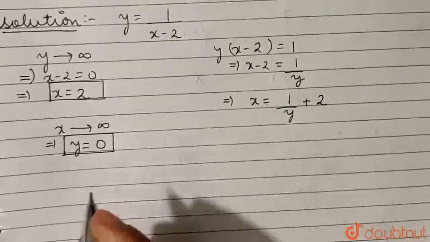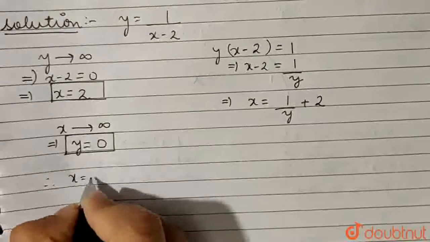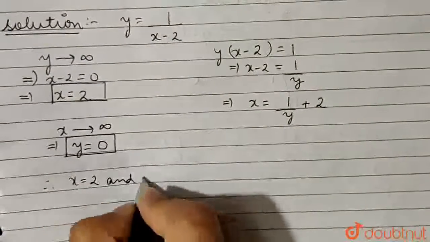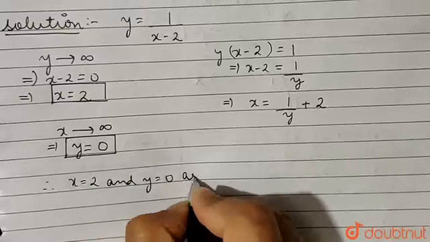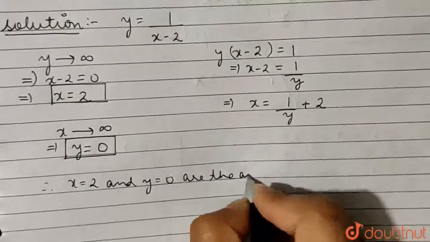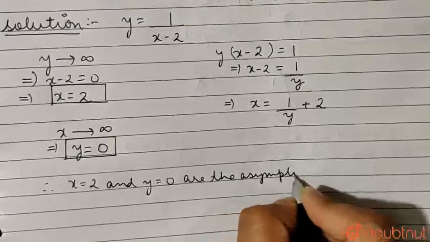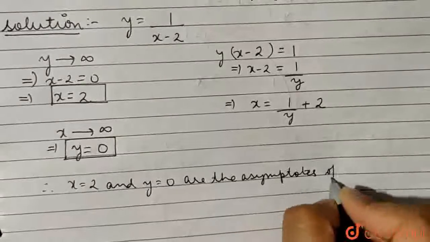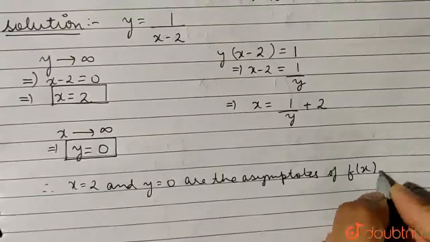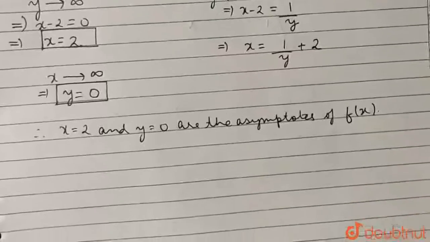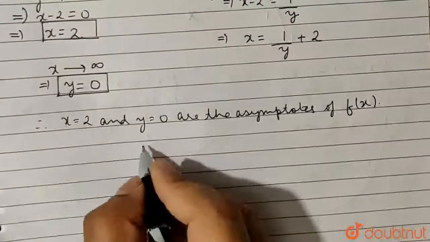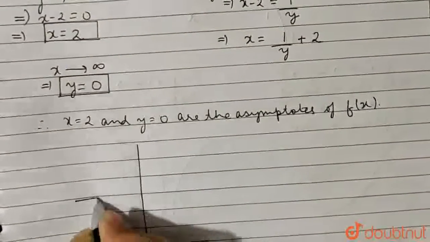So therefore x is equal to 2 and y equal to 0 are the asymptotes of f(x).